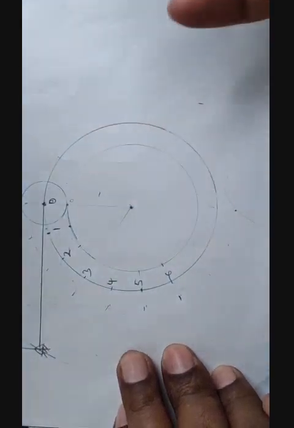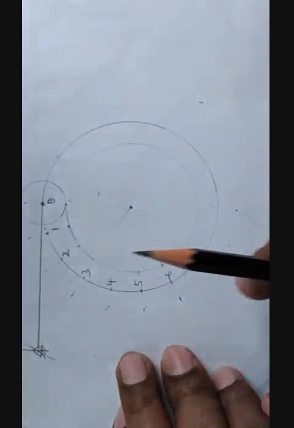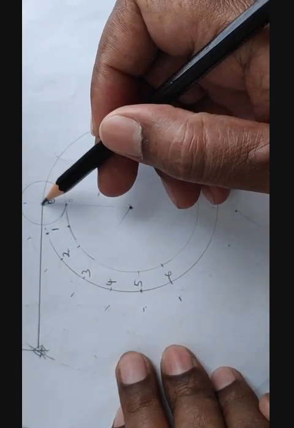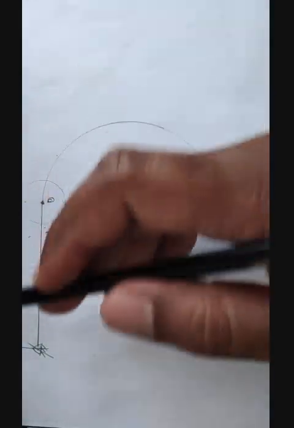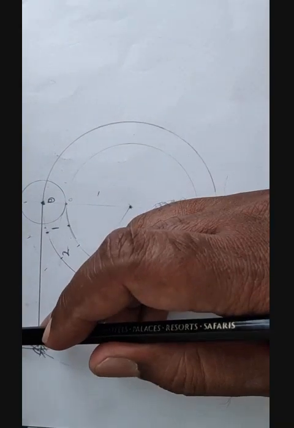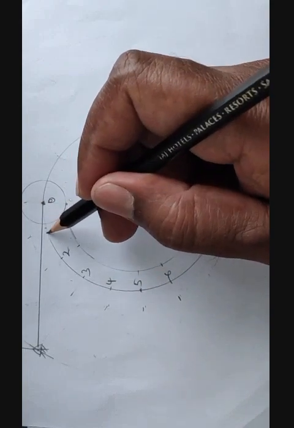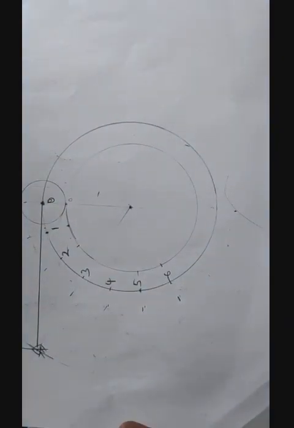So this is a relative velocity method. We can say that instead of considering that the cam is rotating, we are assuming this. So if this roller, which is here at the 0 position, doesn't lift as it comes to 1 position, this roller will be here. And where will be the location of the pivot?